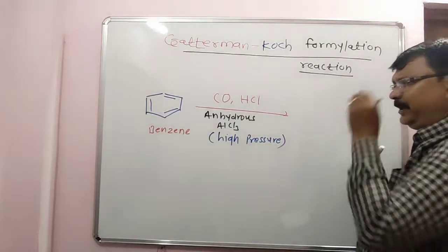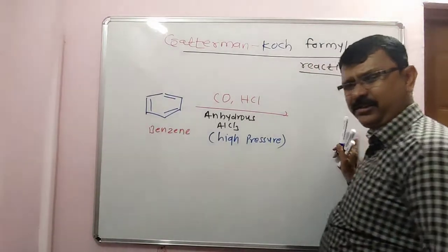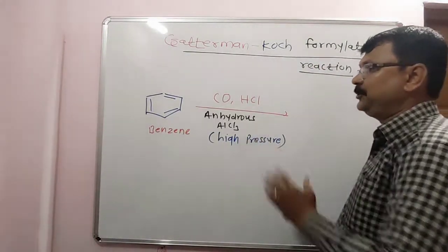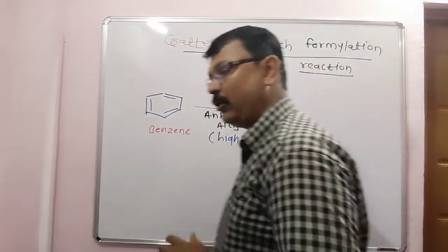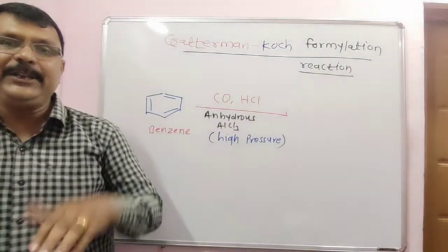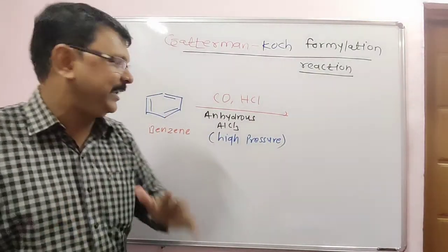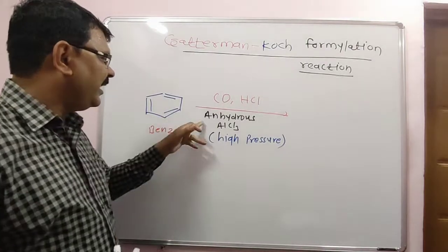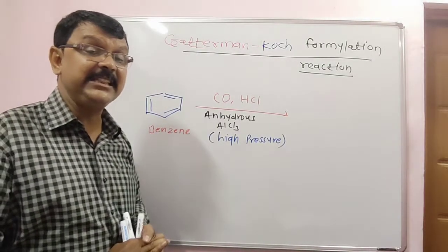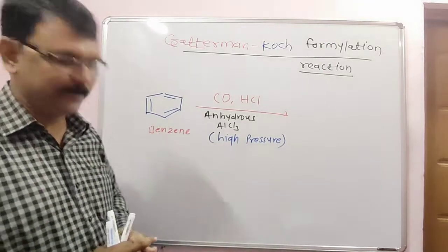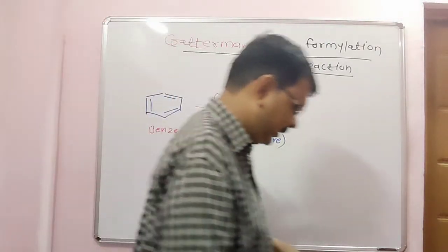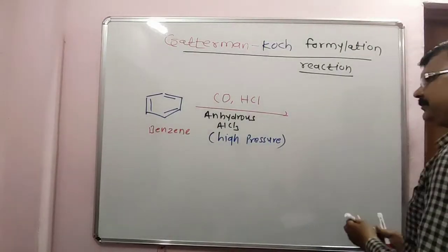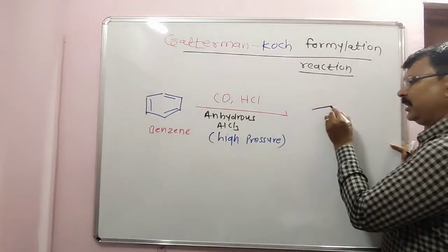Look here, everybody, benzene or a substituted benzene is reacted with carbon monoxide and HCl, hydrogen chloride, under high pressure, in presence of anhydrous AlCl3 or cuprous chloride. It gives, like this, benzaldehyde, CHO.